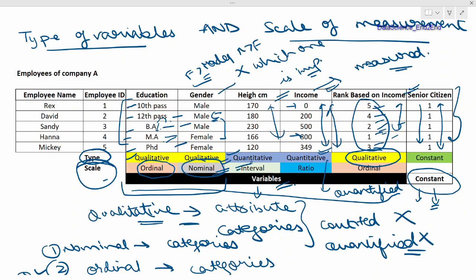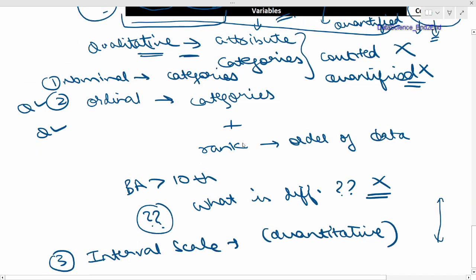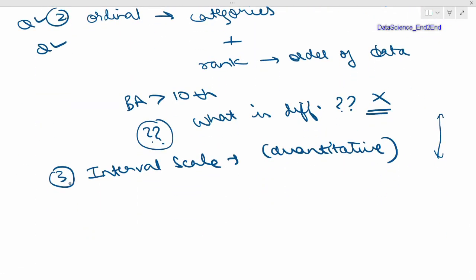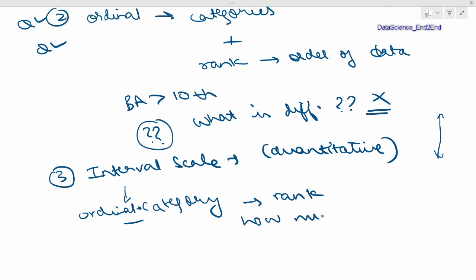The third one is interval scale of measurement, which happens in case of quantitative variables. The limitation of ordinal scale was that it is creating categories and you can rank, but you can't say how much difference there is.